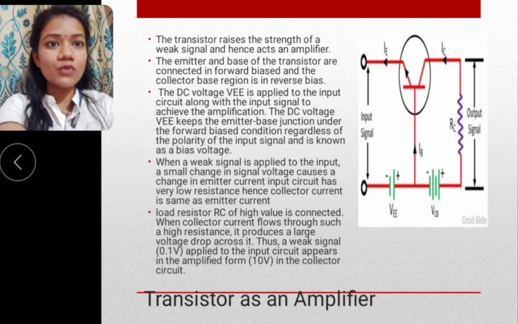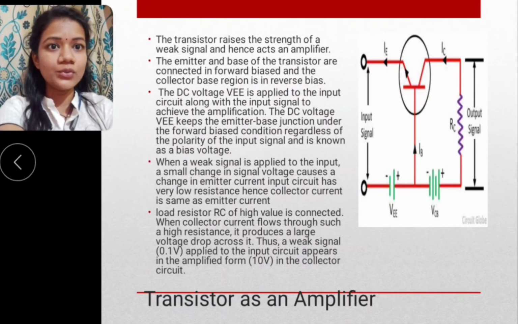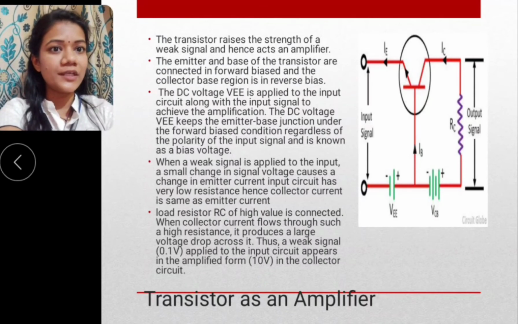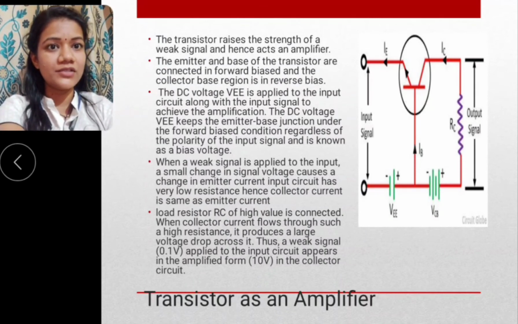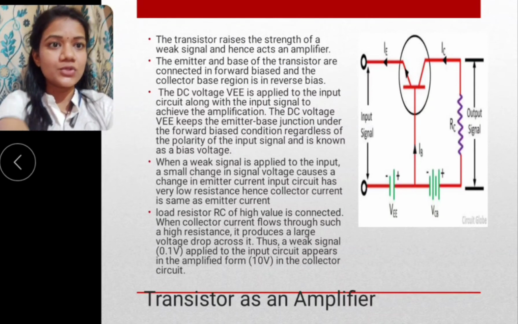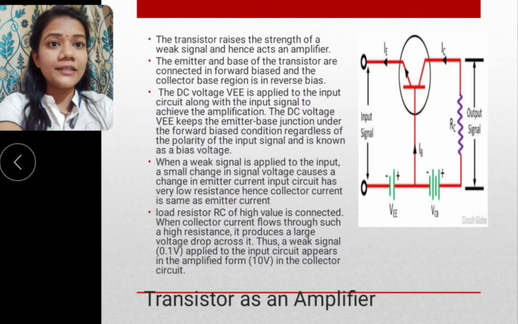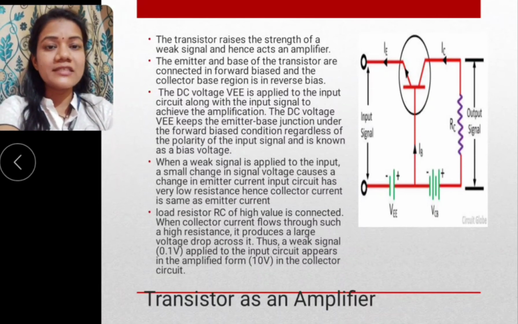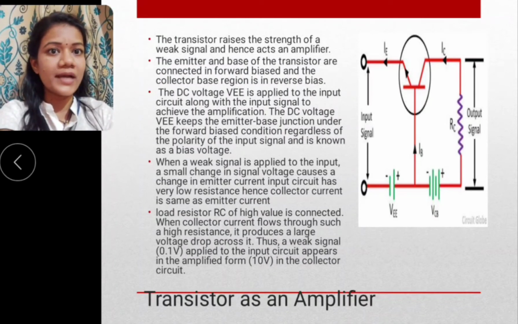When the DC voltage V is applied to the input circuit along with the input signal to achieve amplification, the DC voltage keeps the emitter base junction under forward bias regardless of the polarity of the input signal, and is known as bias voltage. So when we apply the DC voltage at the input side for getting the amplification, that DC voltage keeps the emitter base junction forward biased.